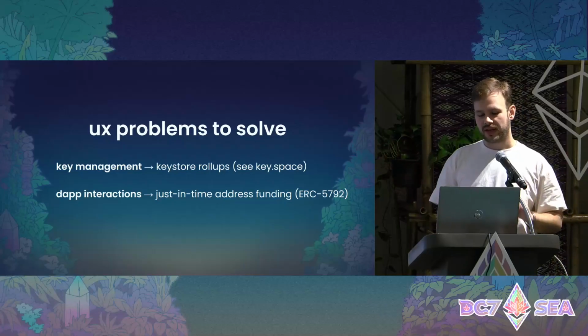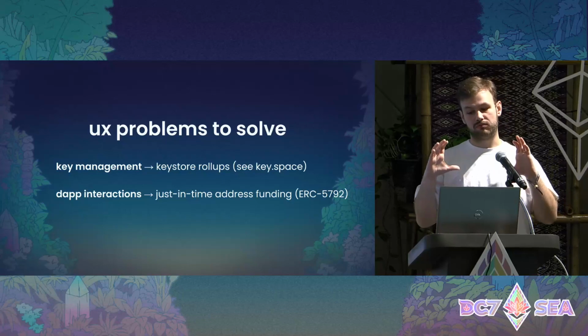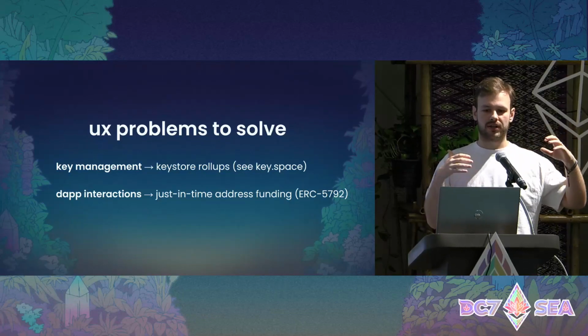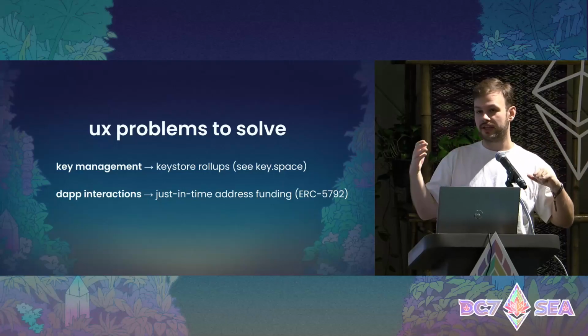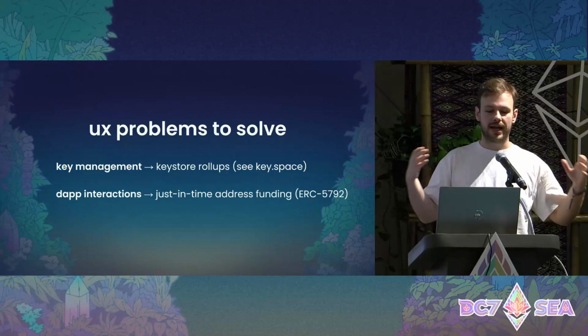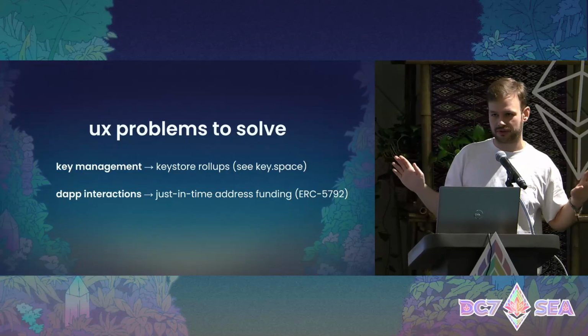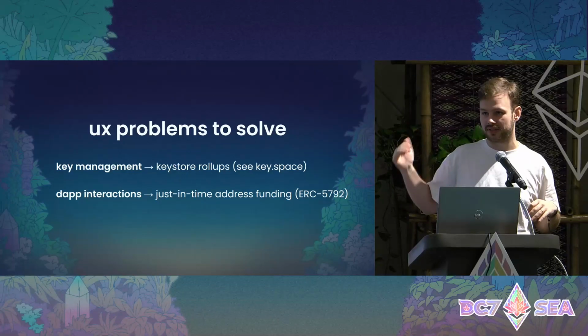With ERC 5792, wallets can basically communicate to dApps what properties the user already has. So FluidKey can just say in this case, for example, hey, this user has $100,000. We're not telling you where these $100,000 are, but they're 100,000 USDC somewhere. Just assume that that's true, and prepare the transaction for us.